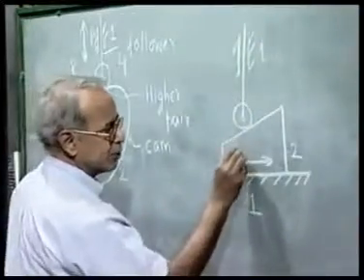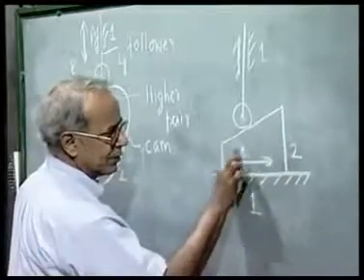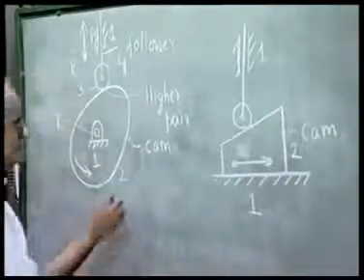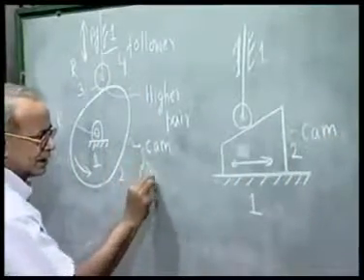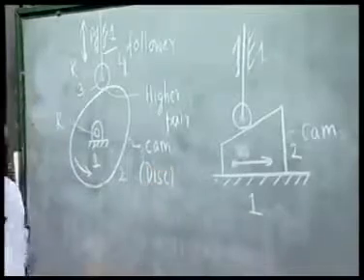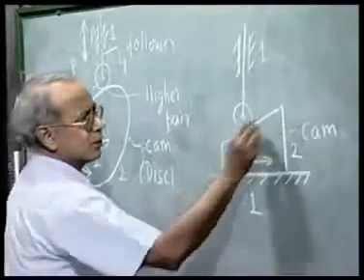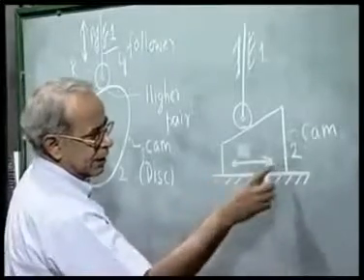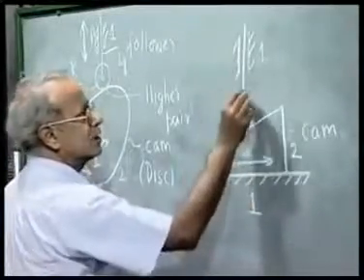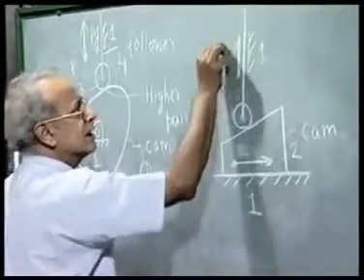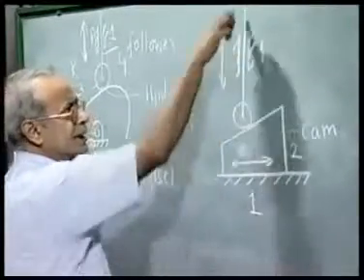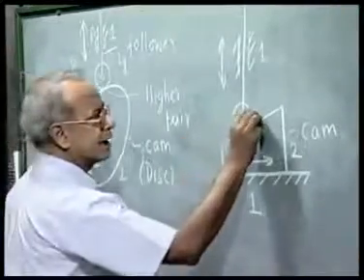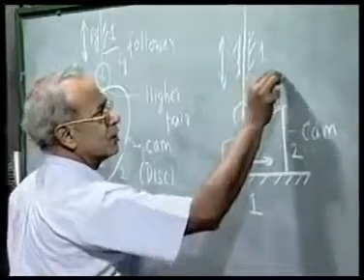This is the cam, which looks like a wedge, which I have given number 2. This is the wedge cam, and the earlier one is what we call the disc cam. Depending on the profile of this wedge, as this cam oscillates in the horizontal direction, the follower will oscillate along the vertical direction along this prismatic pair or this guide. So here again the roller is 3 and the follower is 4.